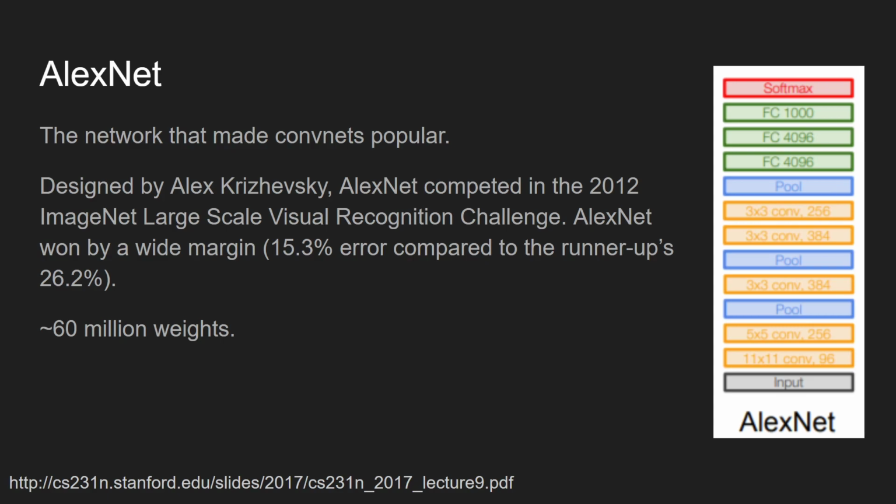Yeah, it was great for that reason, and of course it competed in the ImageNet competition, which we talked about in our little history section, and again won by a huge margin. It had about 60 million parameters inside, so it's a big model. It's a big neural net.